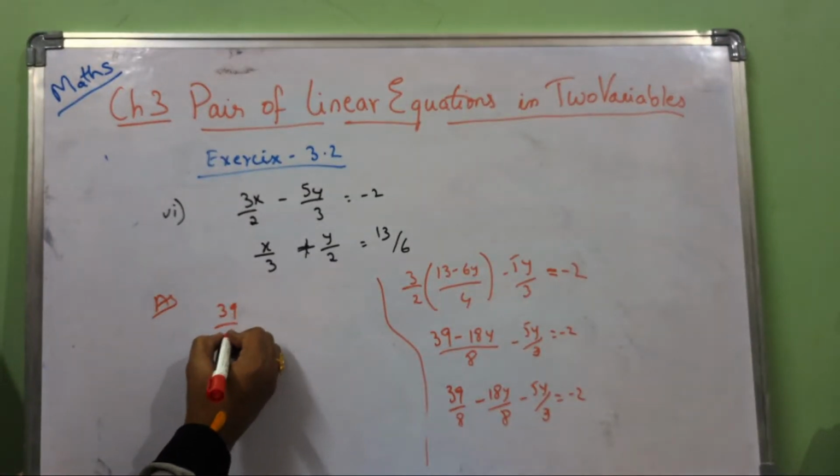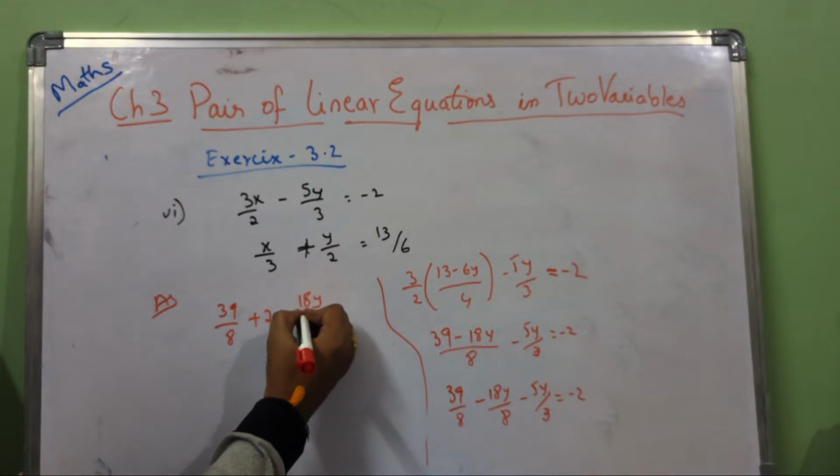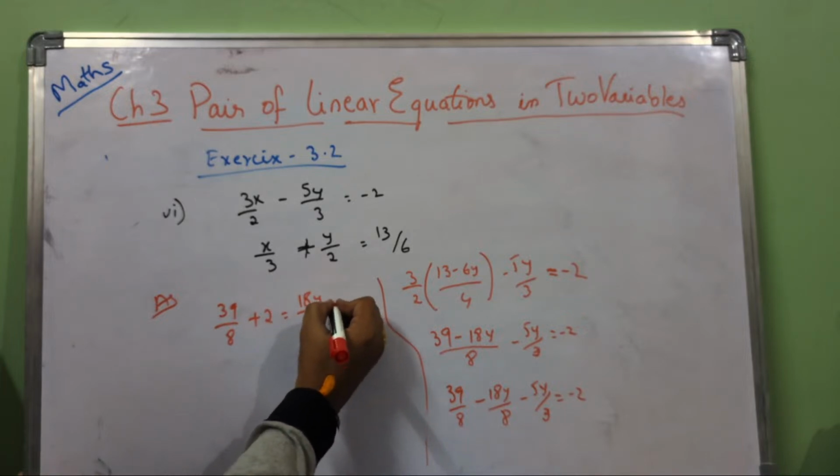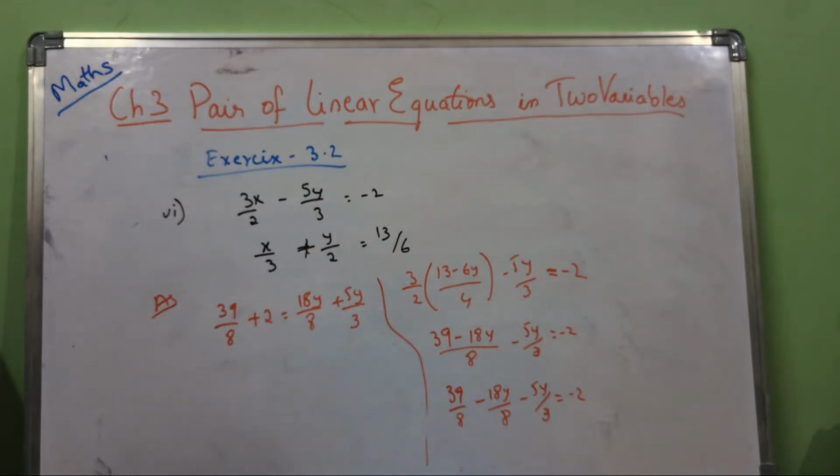By 8 plus 2 equal to 18y by 8 plus 5y by 3. What I have done? I have changed numbers to the left side and y terms to the right side.